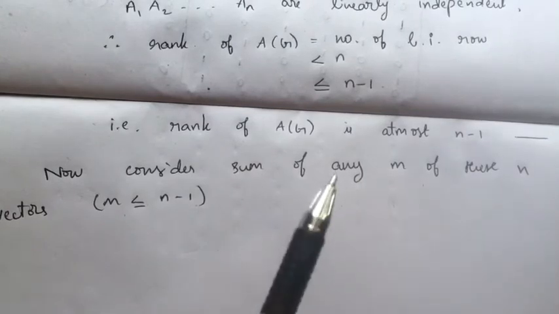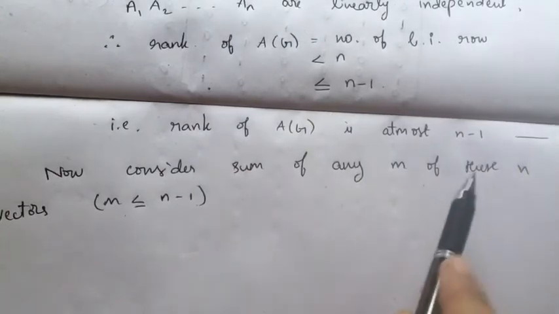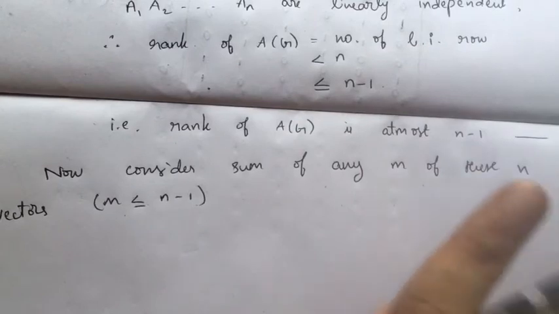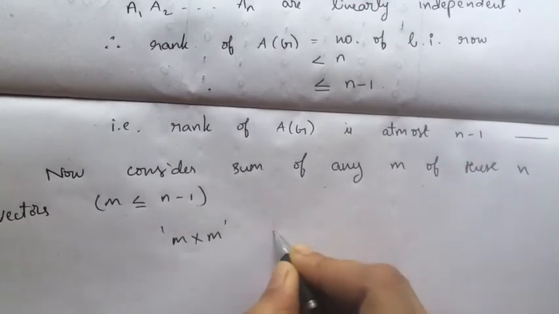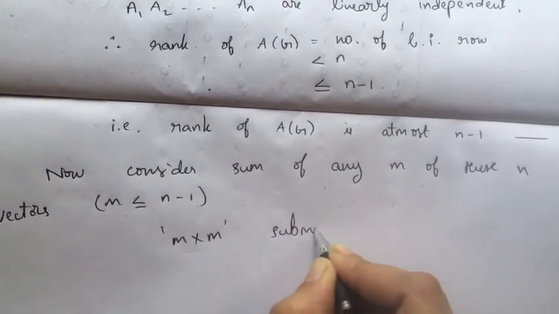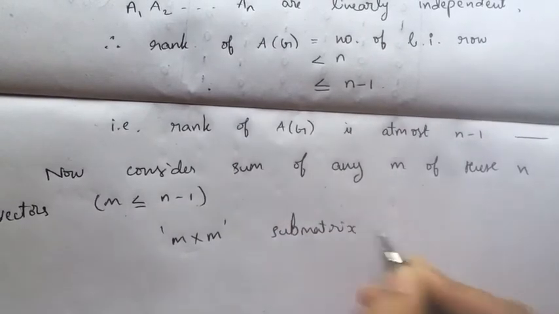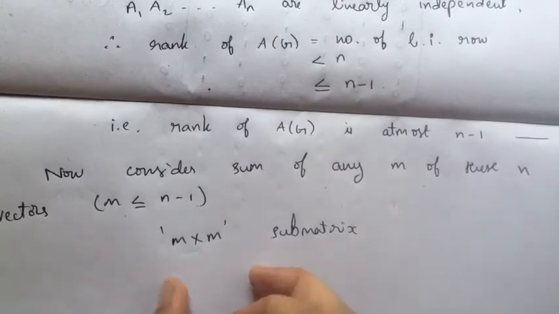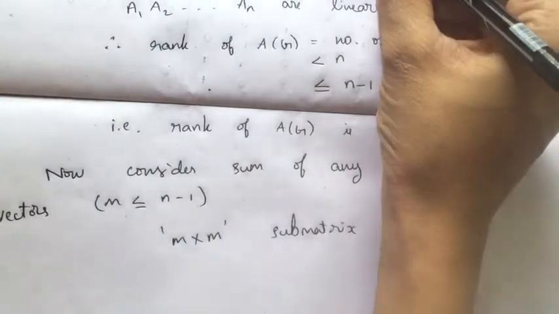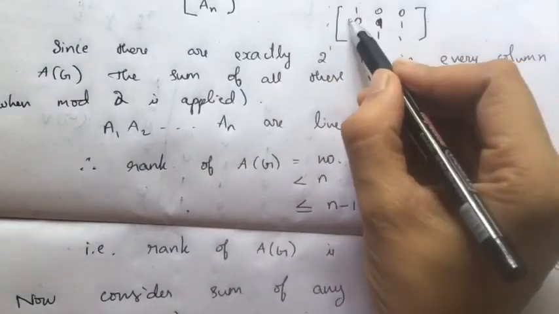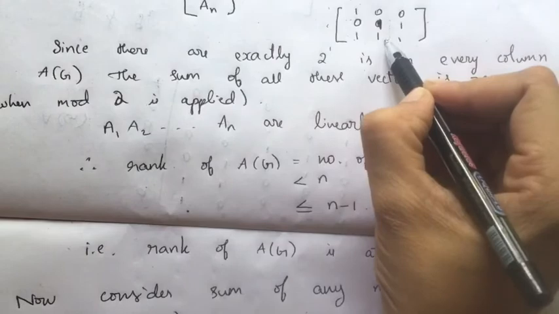But this has only one component, so we cannot find any such m cross m submatrix such that the modulo sum of these m rows gives me 0, right? If I take any m cross m, the modulo sum won't be equal to 0.